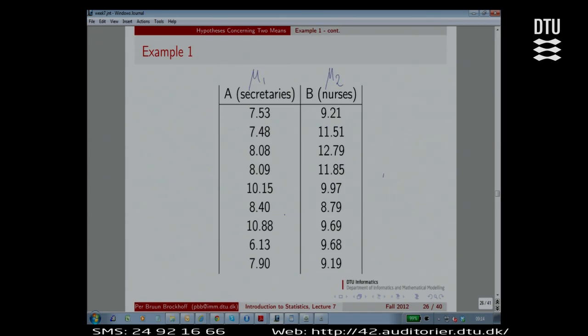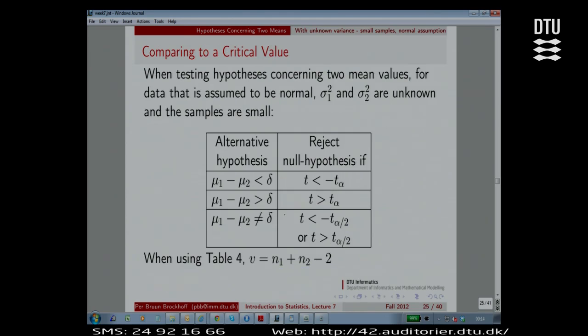If I jump back just to show you in the table exactly where I am, I'm looking at whether my computed t is too much to the left compared to the 5% point of the t.